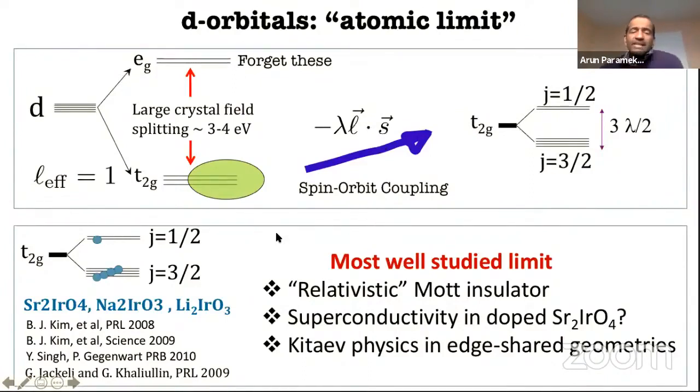And in fact, the most well-studied examples of this kind of crystal field physics has been in systems where you have 5 electrons in this T2G, right? So you fill up all the 4 states down here, and you partially fill this J-half system here. And this has led to interesting physics associated with Mott insulators, where you imagine that this set of 4 electrons, you can forget about them.